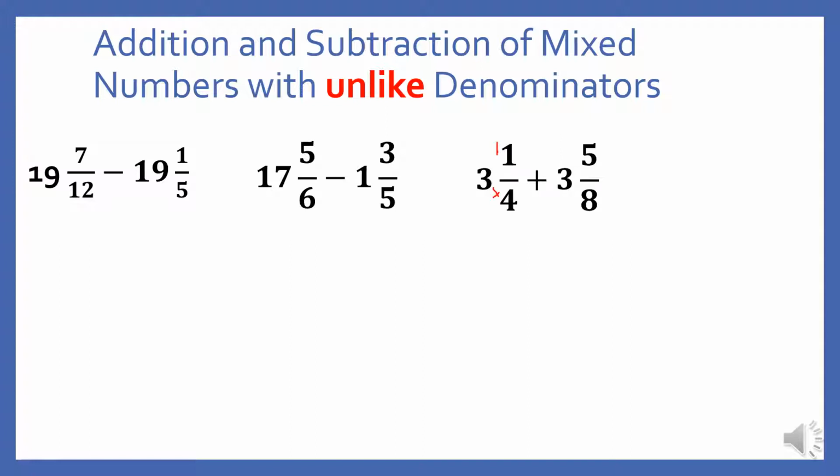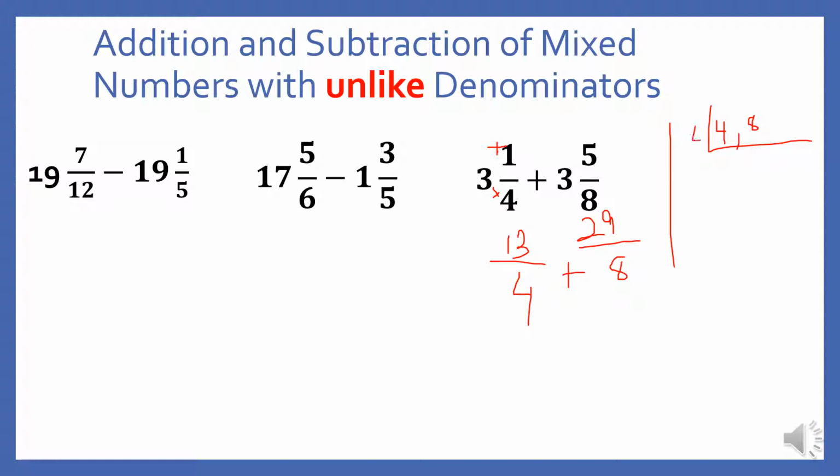Convert to an improper fraction. 3 4s are 12 and 1 is 13 over 4 plus 3 by 8 is 24, and 24 plus 5 is going to give us 29. 29 over 8. And as we can see here, we don't have common denominators, so we need to go to the working column and find the LCM.